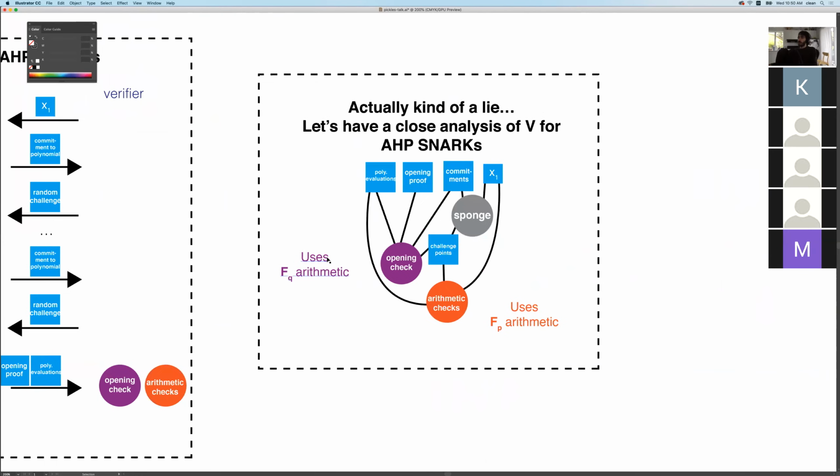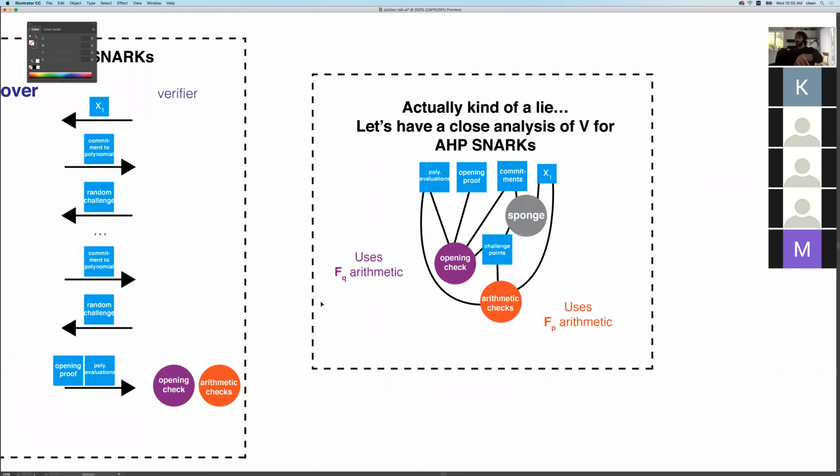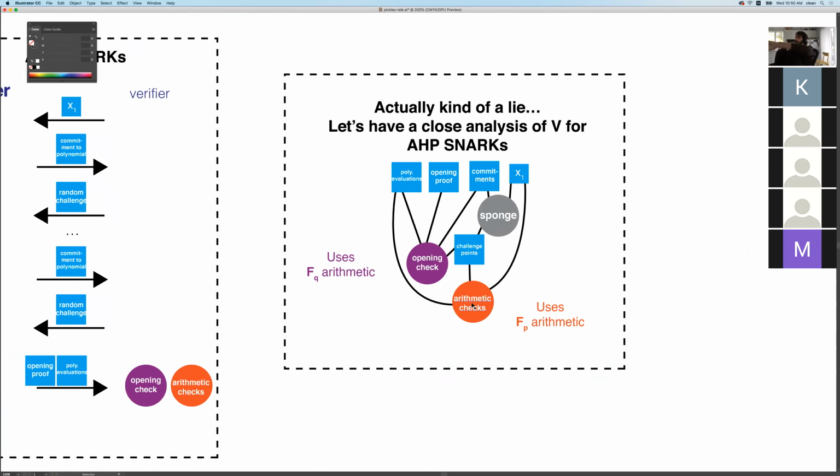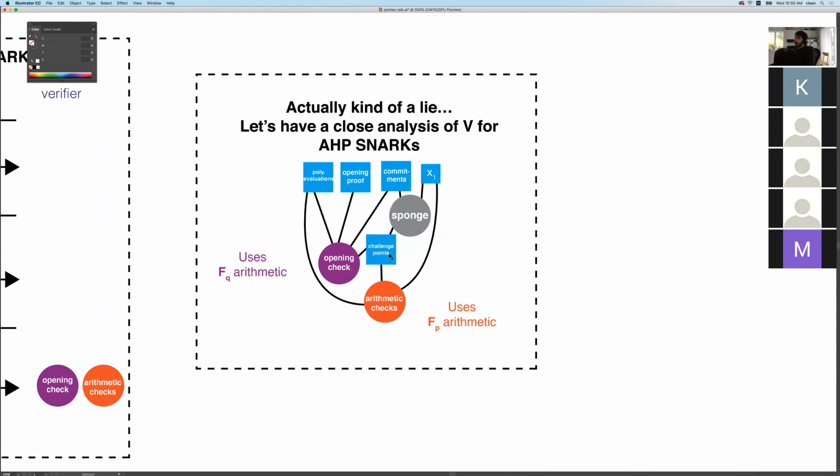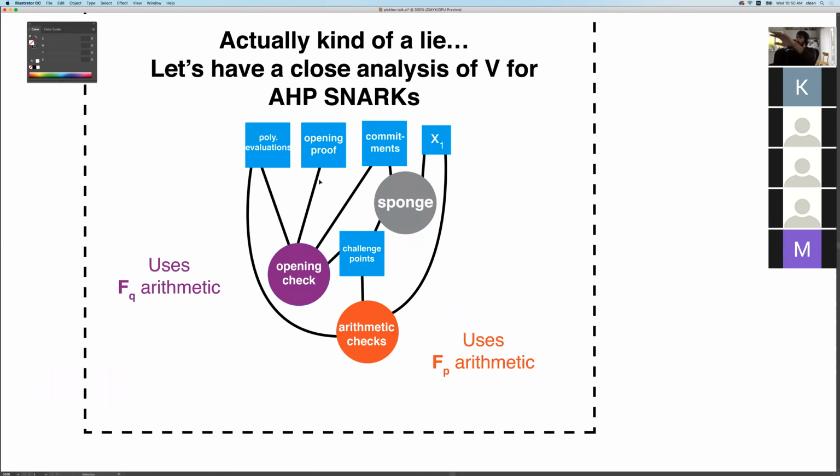So I'm going to sort of rearrange what the computation looks like into this kind of diagram. So what's the deal with this diagram? This diagram represents the computation that the verifier ultimately performs for this SNARK.